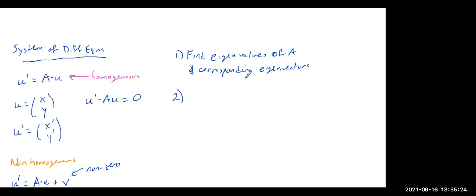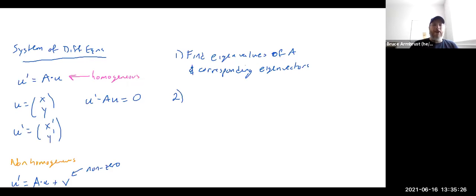Okay, so here's where I'm going: our solution ends up being e to the rt times the vector, where if our eigenvalue, let's say, is lambda with a corresponding eigenvector v, then our solution u is going to equal e to the lambda t times v.